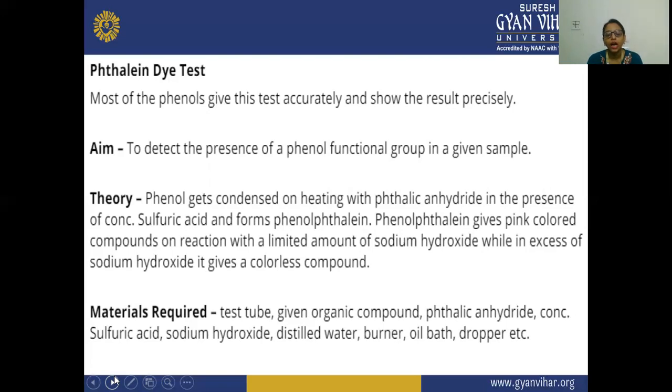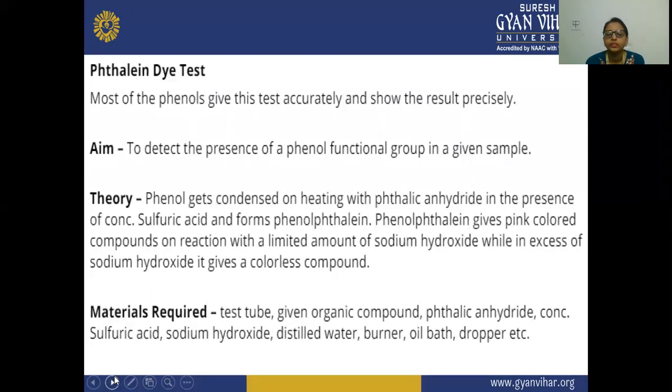So we have to keep in mind that we must use sodium hydroxide in a limited amount, not in excess, otherwise we get a colorless compound.